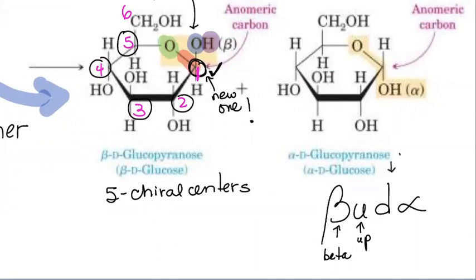If it's down at the anomeric position, the OH, then that means that that is an alpha monosaccharide. So as long as you remember Buddha, you know where the anomeric position is, determining alpha or beta shouldn't be too much of a hassle.